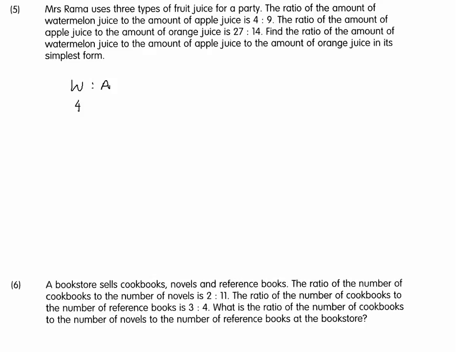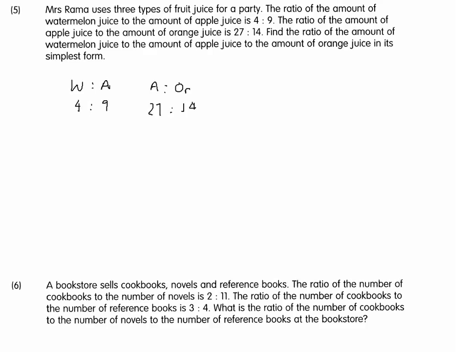The ratio of the amount of apple to orange is actually 27:14. In order to solve the question, first we need to come up with the ratio of watermelon is to apple is to orange.